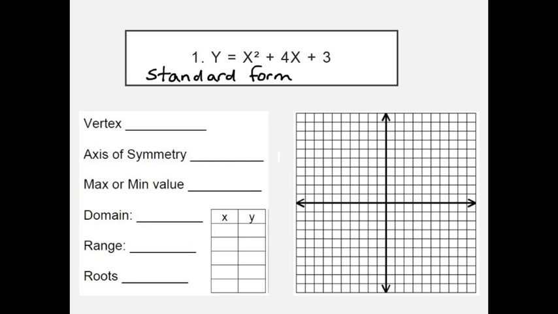And remember, standard form, the generic formula is y equals ax squared plus bx plus c. And so in this particular example, a is 1, because if there's nothing written in front of the x squared, it's a 1. B is 4. And remember, this is a, b, and c. And so c is 3.